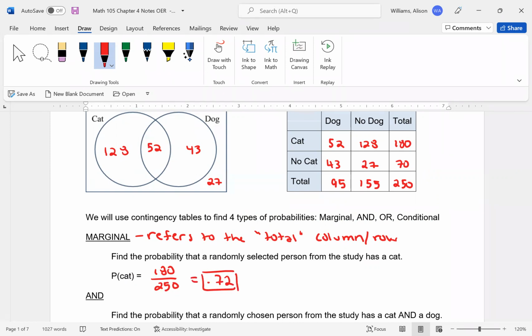I'm going to leave it in decimal form. I don't know how the homework wants it. It'll indicate whether it wants decimal, percent, or even fraction. We're going to bounce back and forth, but for right now I'm going to stick with decimal, because 0.72 in math talk is the exact same thing as saying 72%.